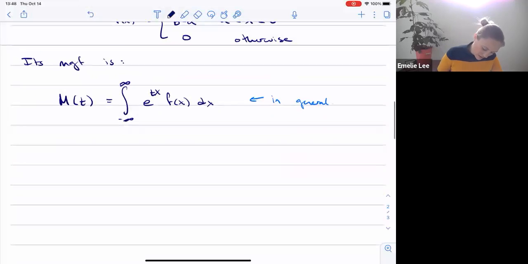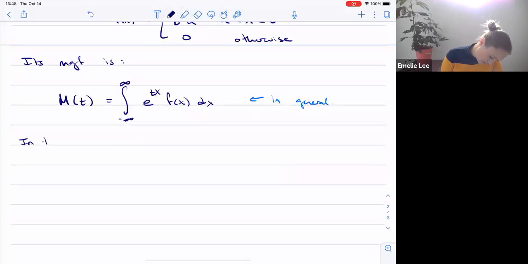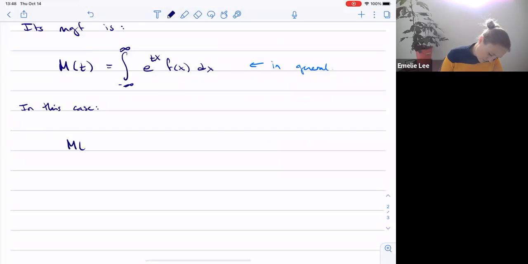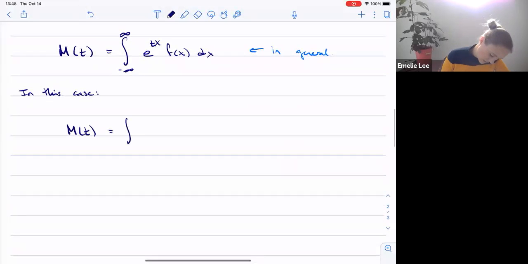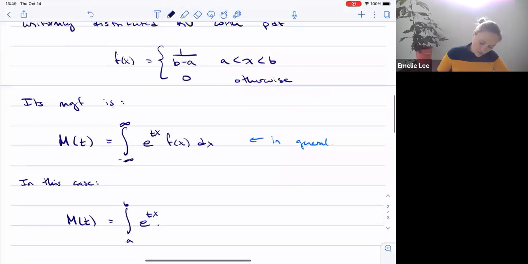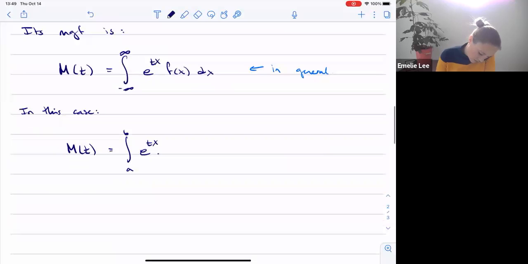So for us, in this case, the moment generating function m of t is going to be restricted to the integral from a to b of e to the tx times 1 over b minus a, which is f of x, right? And so I have times 1 over b minus a with respect to x.